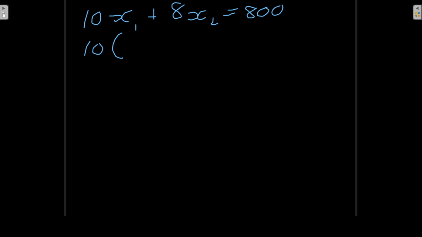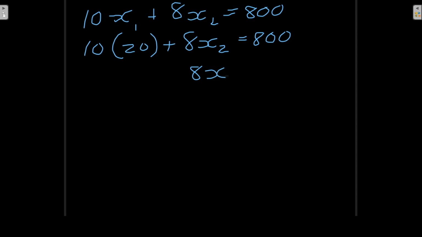So we have solved that x1 is equal to 20. So I get 8x2 is equal to 800 minus this 200. So that's 600, and that will give me x2 equal to 75.